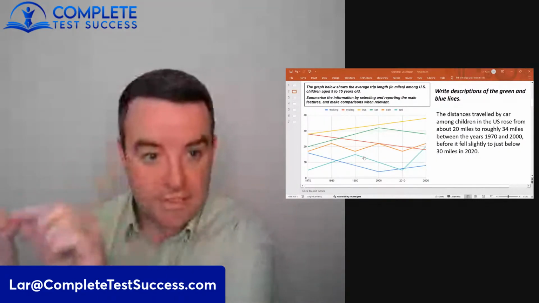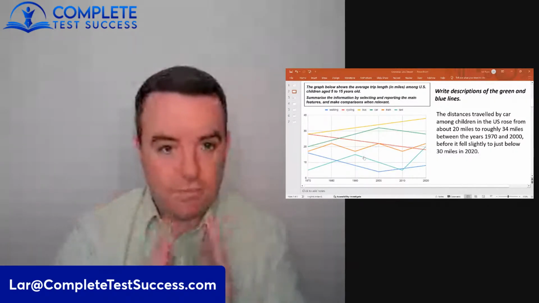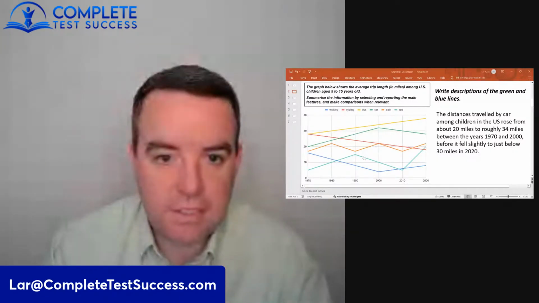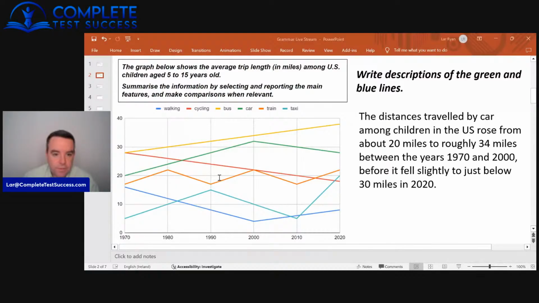You're trying to describe the key features to the reader so that they can follow and potentially recreate it. If they wanted to draw the graph based on this description, they could draw pretty much exactly what that chart shows us.